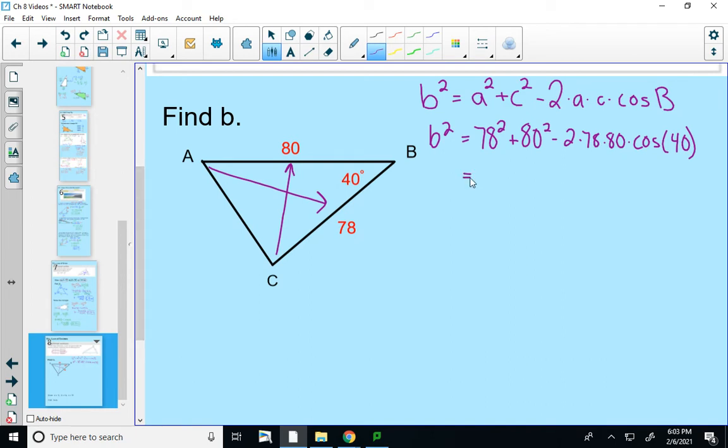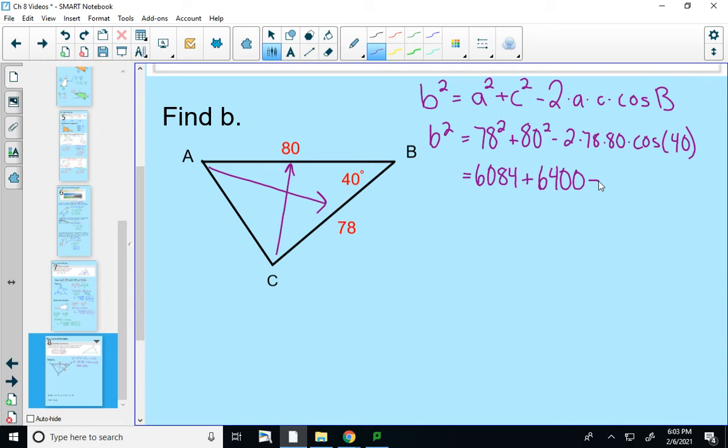So 78 squared is 6,084. 80 squared is 6,400, sorry. 2 times 78 times 80 would be 12,480.